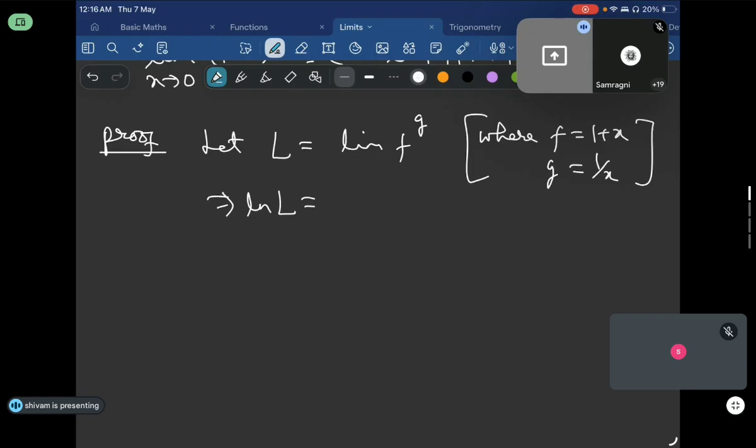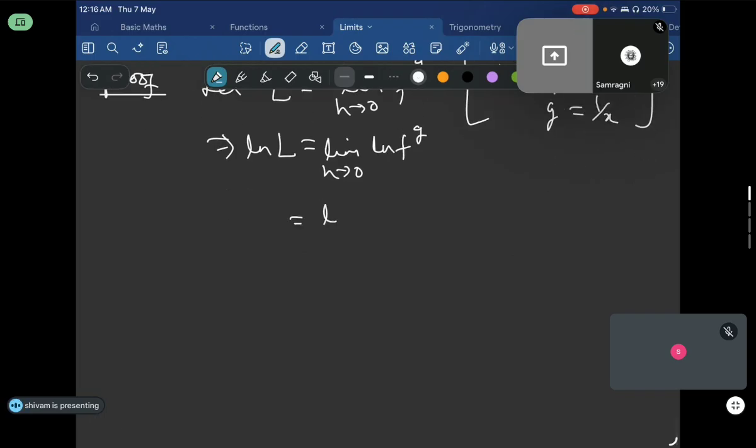ln L will be equal to limit x tends to 0 of ln of f to the power g. g will come outside, so this becomes limit x tends to 0 of g into ln f.